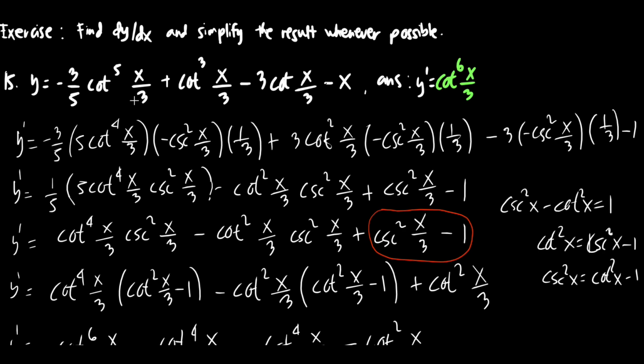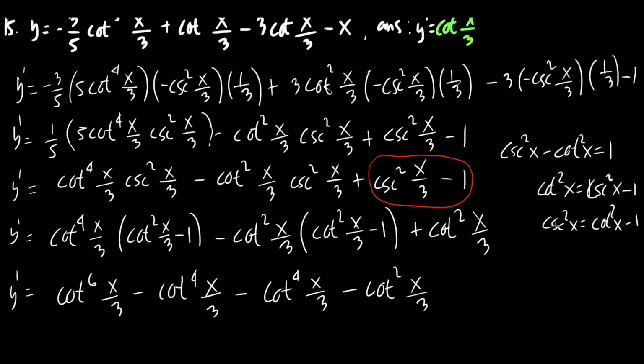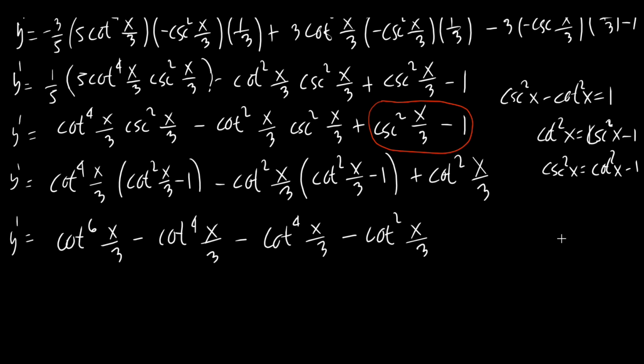Negative, negative, so it's positive. So cotangent squared. Right here, we will review first. Cosecant squared x is just equal to cotangent squared x plus 1, right? Cotangent squared x plus 1. Sorry, it is positive.